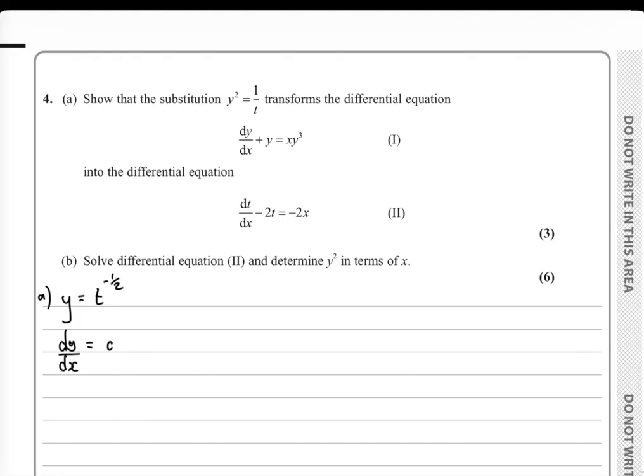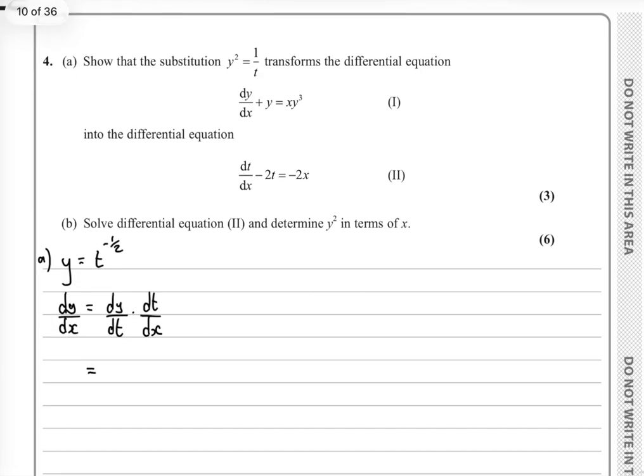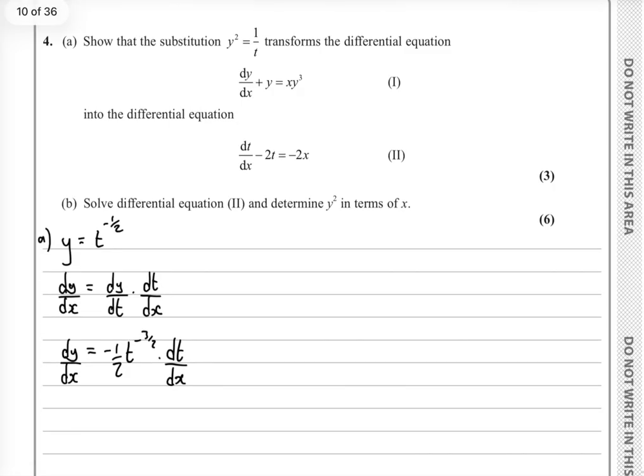and that is dy by dt, which we can find out, times dt by dx using the chain rule, and dy by dt is minus a half t to the minus 3 over 2. So that's an expression for dy by dx, and we've got an expression for y, so we can get y cubed as well.